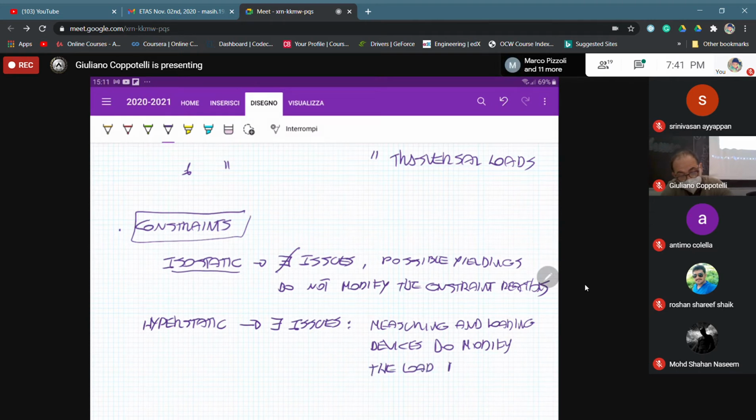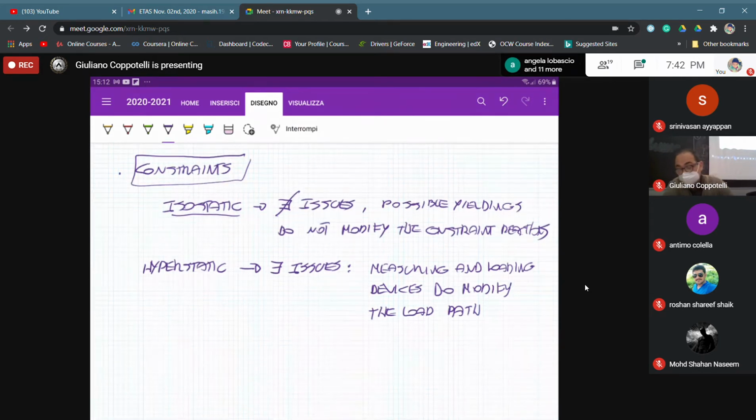And if this load path is modified, then we don't know what we are measuring. So that's the reason why we would not want such a condition. Okay. In order to reduce that, sometimes it's not possible to test some other things.